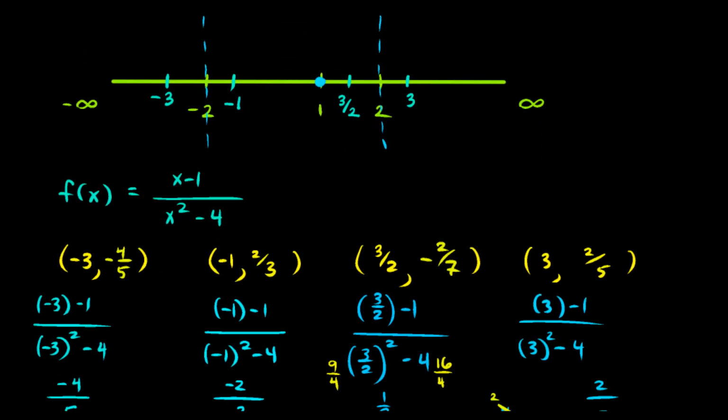After that, you want to break up the x-axis into intervals. The things that break up the x-axis into intervals are vertical asymptotes and slant asymptotes, because they cross the x-axis, in addition to any x-intercepts.